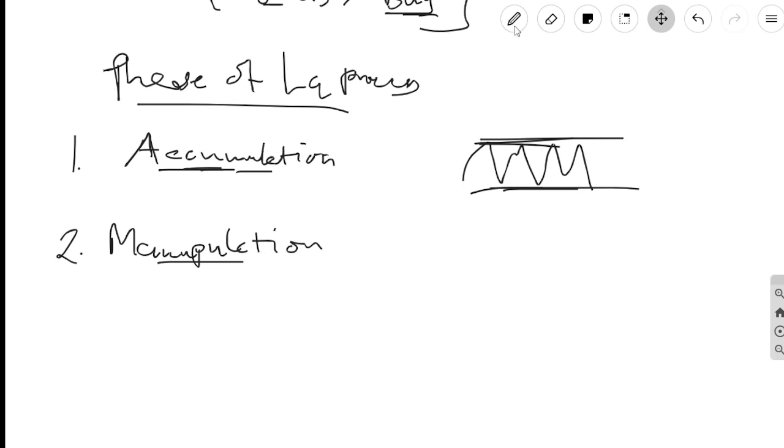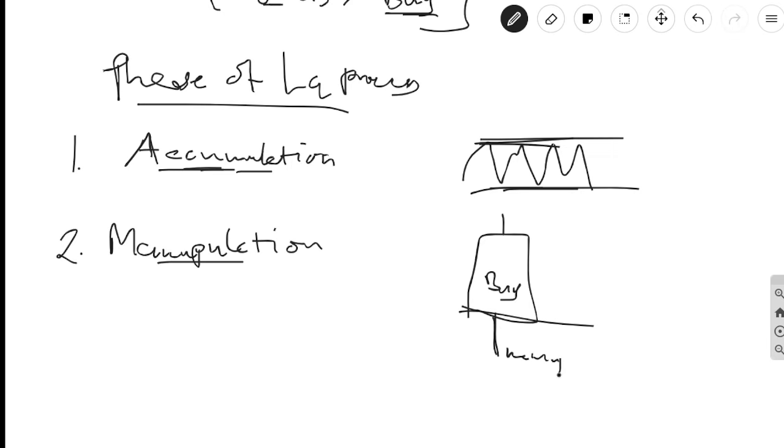So you remember in the candlestick anatomy, I said, for example, if this is the buy candle, the buy candle always opens below, and I said this wick below is a manipulation wick. Do you remember that? So, meaning manipulation is just an act of creating more sellers in order to buy, or more buyers in order to sell.